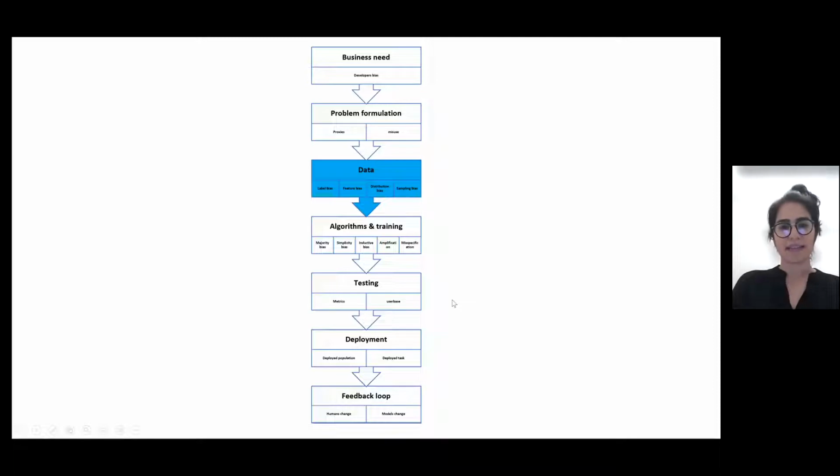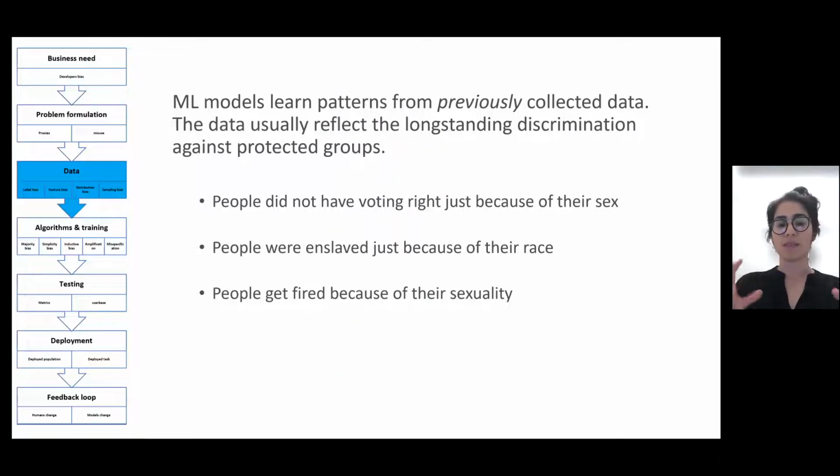Now let's look at data. Data, as we all know, is one of the big components of machine learning, and machine learning models learn patterns from previously collected data. But this data usually reflects the long-standing discrimination against protected groups.